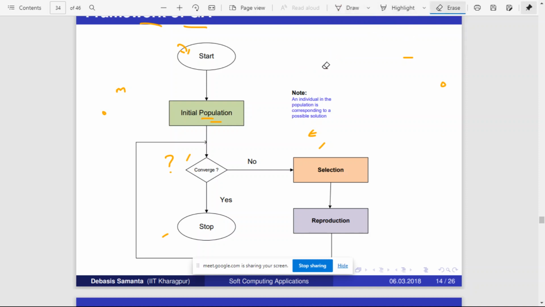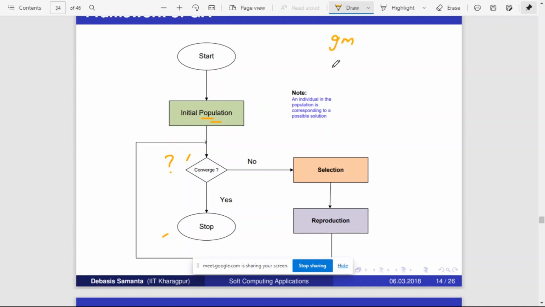But sometimes your algorithm may never reach global minima. Say your algorithm is not at all going to reach global minima. Then how are you going to stop? There are two things to converge. First, you try for the best solution. Say you know this is the global minima.